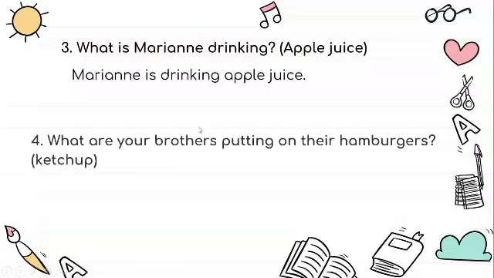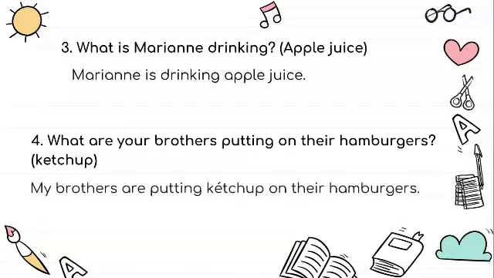Now the number 4. What are your brothers putting on their hamburgers? So, what is the answer? Can you help me? So the answer is, my brothers are putting ketchup on their hamburgers.